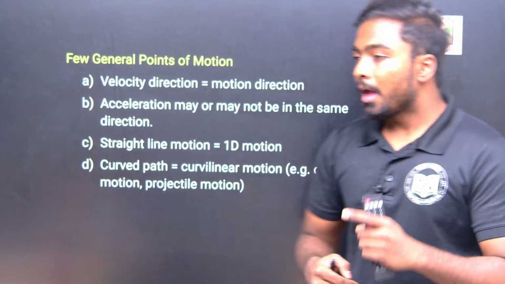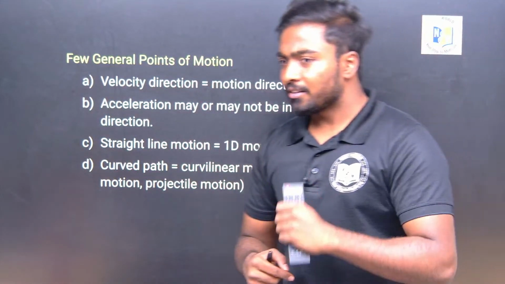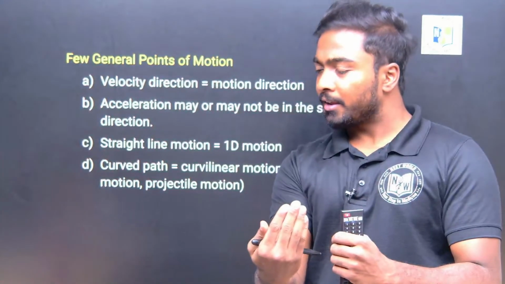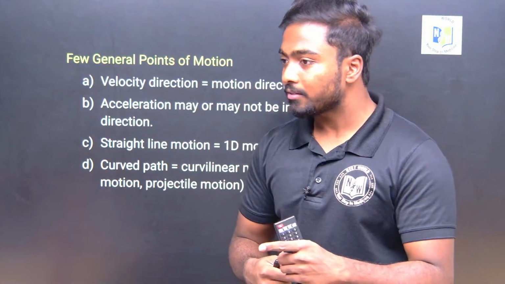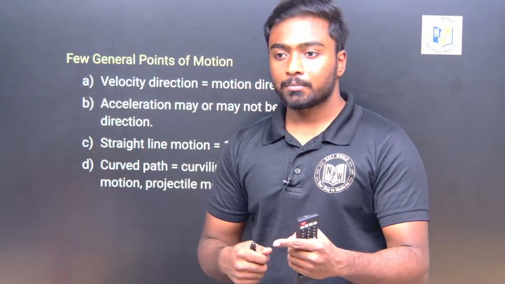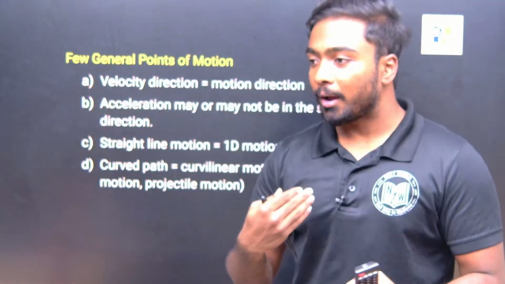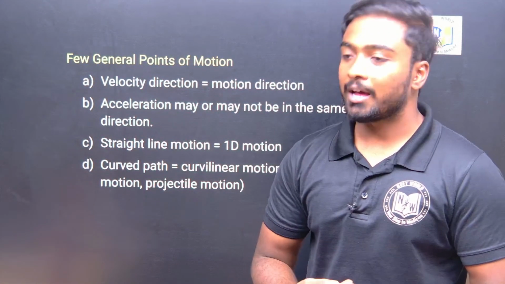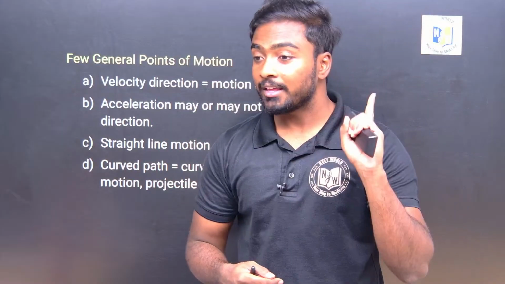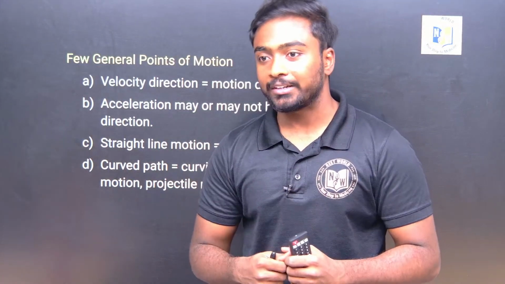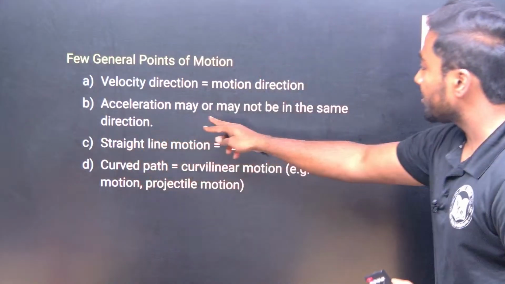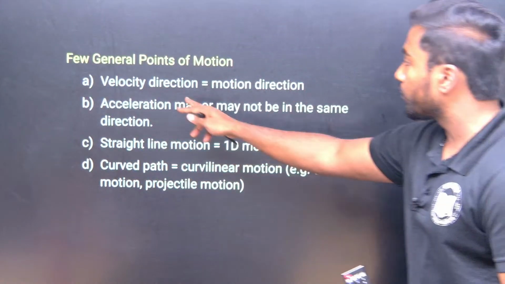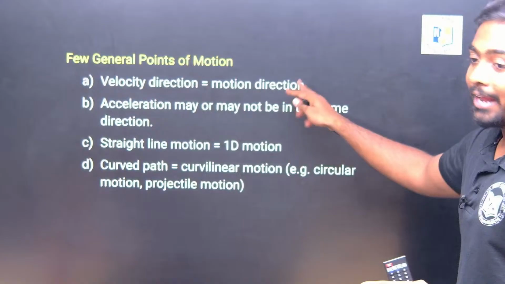But one more thing, friction is there, no? Friction acts in the opposite direction, which means I am going forward, but an opposing force is there, in the backward direction. So acceleration may or may not be in the same direction, but velocity is the direction of motion.